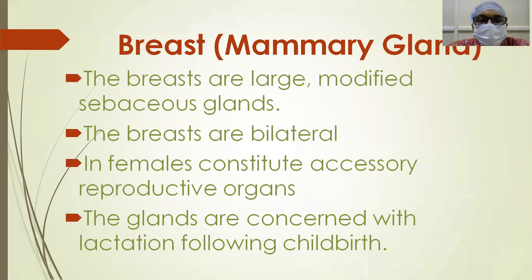So the breasts are large, modified sebaceous glands, usually bilateral, well developed in females. In females, it constitutes the accessory reproductive organ. The glands are concerned with lactation following delivery or childbirth.